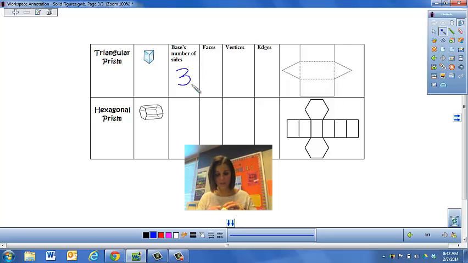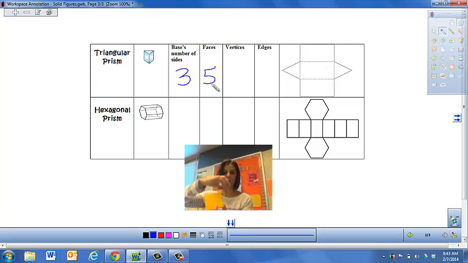The faces, those are all the flat surfaces, 1, 2, 3, 4, 5 faces. The vertices are the points, so you've got 3 here and 3 on the other side for a total of 6. And the edges are where the faces meet, so you've got an edge here, 3 on this side, 3 within the prism, and 3 on the other base for a grand total of 9.